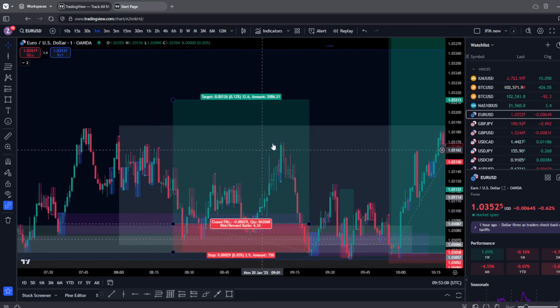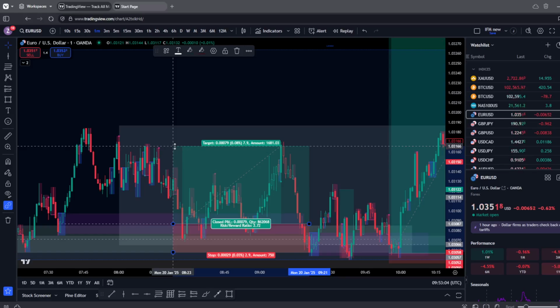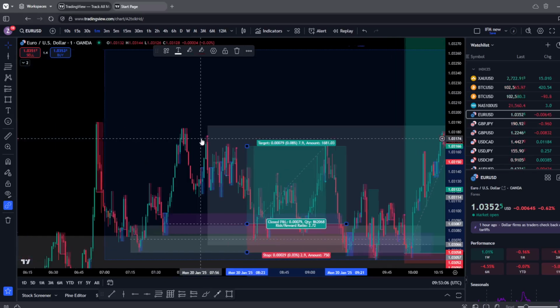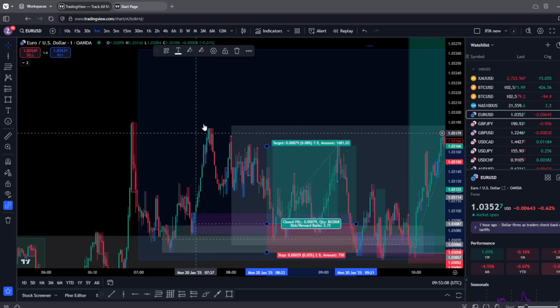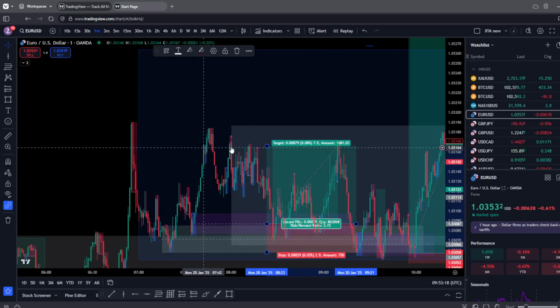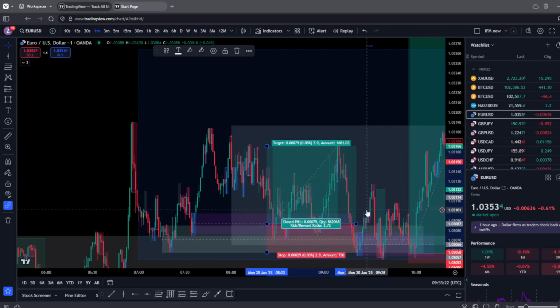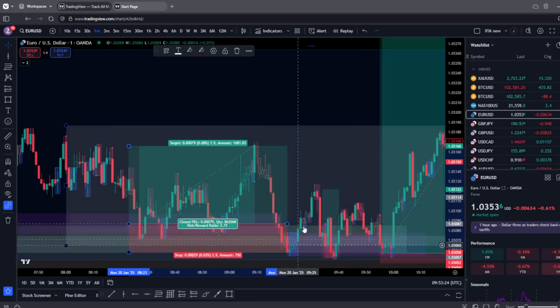Price went up to this point, about 2 R. So you could break even towards the 5 minute high. If you didn't break even, this would have been a losing trade. But let's say we broke even. Most likely I'm going to break even when price touches here, so price came back and took us out.